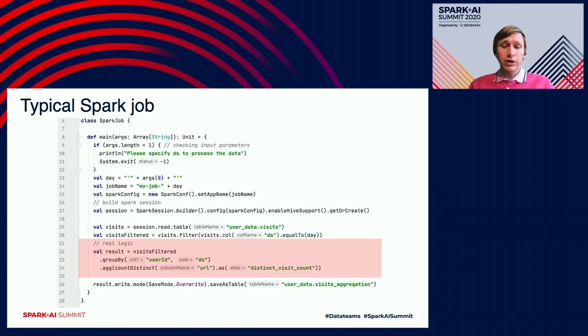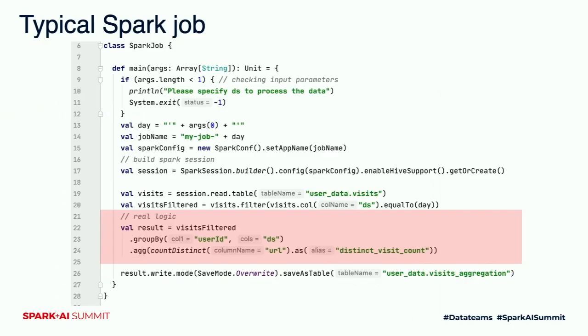If you look at such a typical Spark job, you would see that it has a lot of logic which has nothing to do with the business logic of our application. This logic is more about orchestration of running this job. On the slide, you can see that we need to parse our arguments from the console to understand what kind of run of the job we are doing.